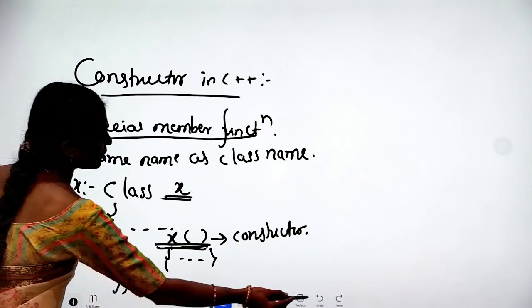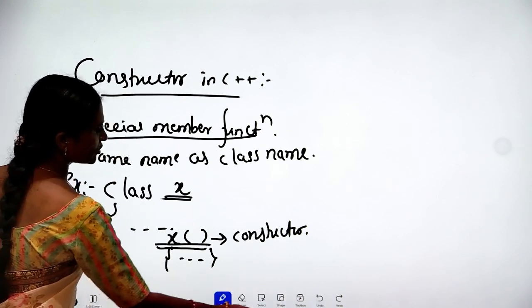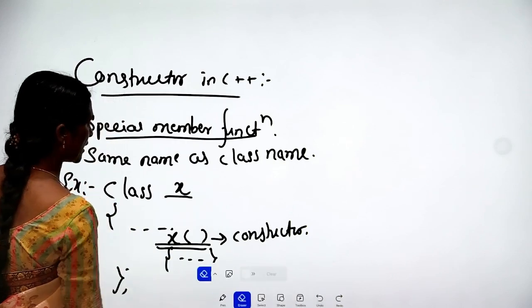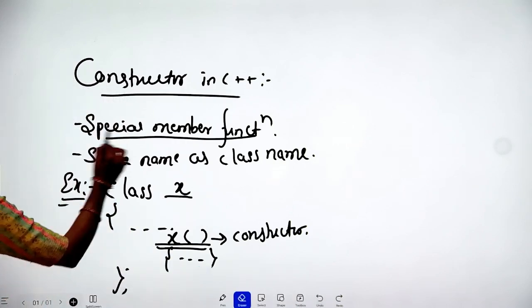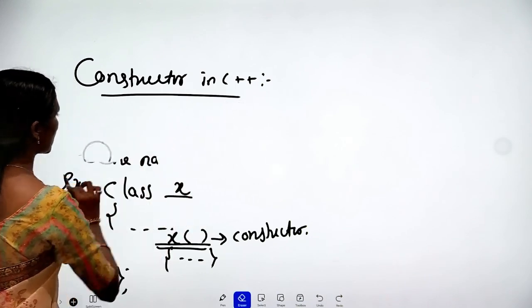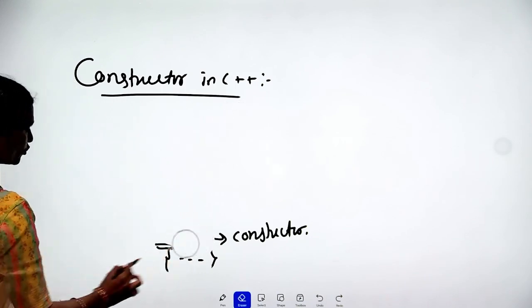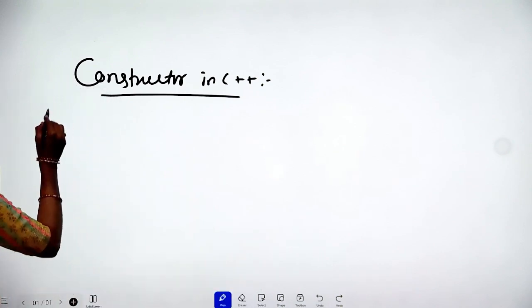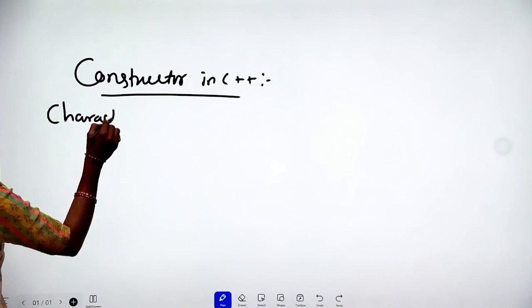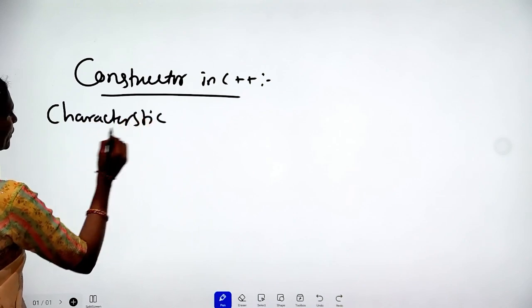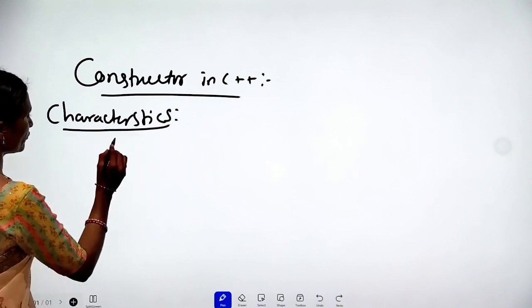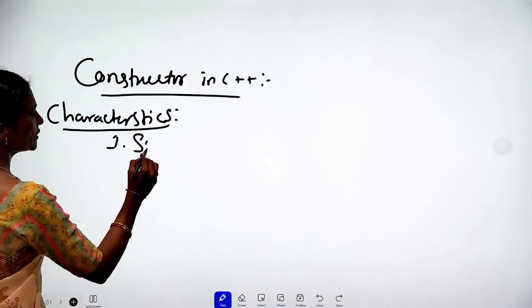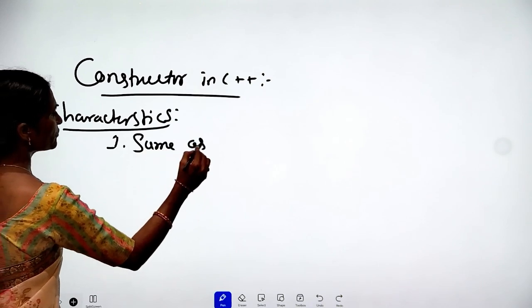So let's see the characteristics of the constructor. Okay, let's take the characteristics one by one and understand them as we declare it. The first characteristic: it has the same name as the class name.